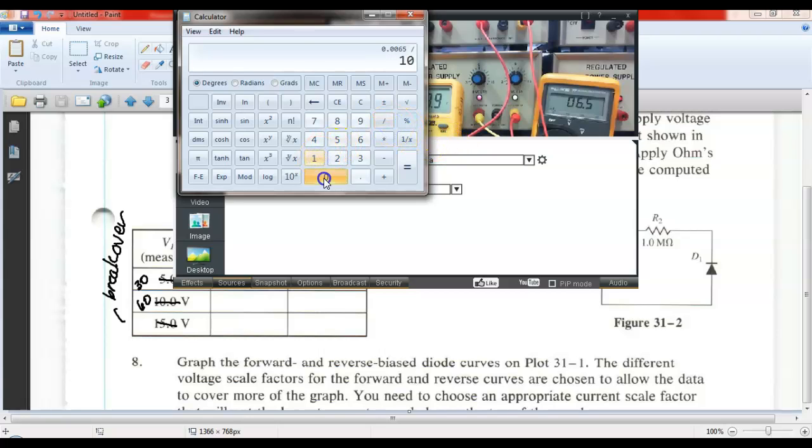Divided by 1 million equals that. So 6.5 nanoamps. Now we don't have to do the math anymore. All I've got to do is read this meter and call it nanoamps, right? Does that make sense?